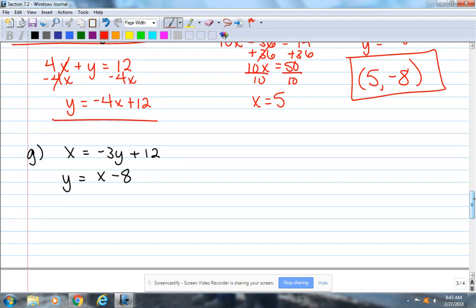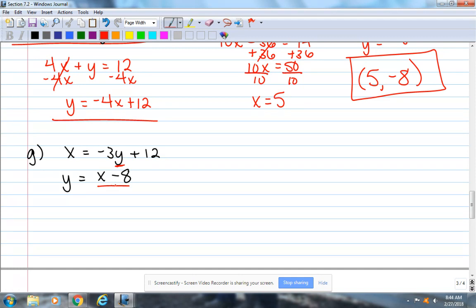There's two different things I could do because it says x equals and it says y equals, right? Somebody tell me something I can do. You can. So where they have x equals right here, y equals x minus 8. So where they have a y, I can plug in an x minus 8.